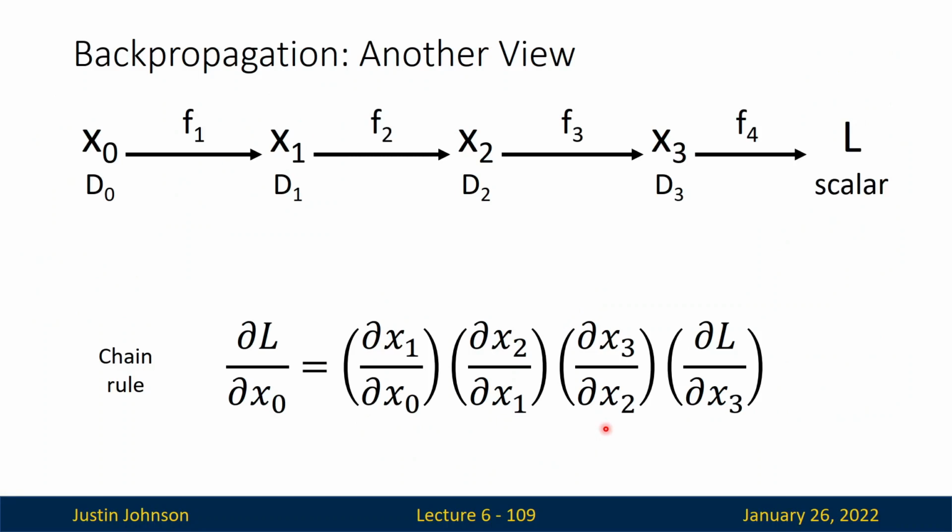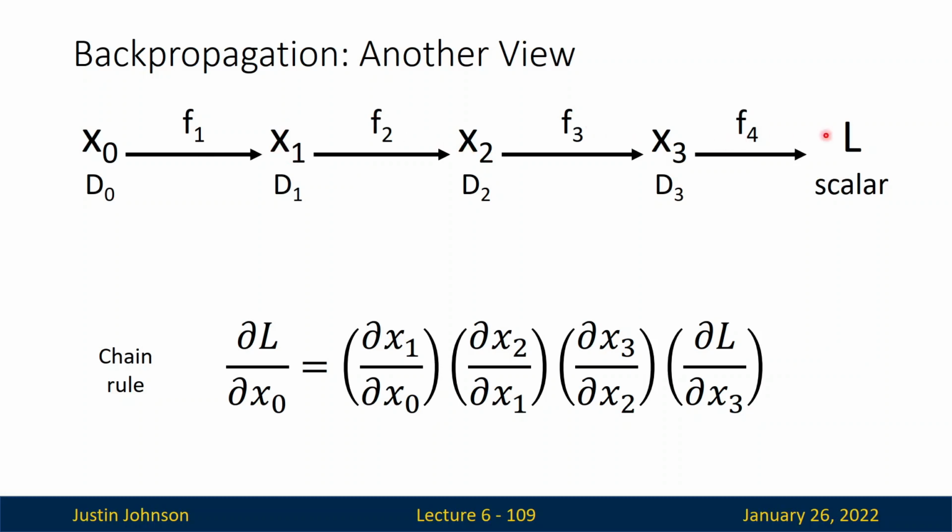So the backpropagation, you can see it is what? There are many functions, f1, f2, f3, f4, and our input is x0. In the forward pass, from x0 through function 1, we get x1. Through function 2, we get x2.